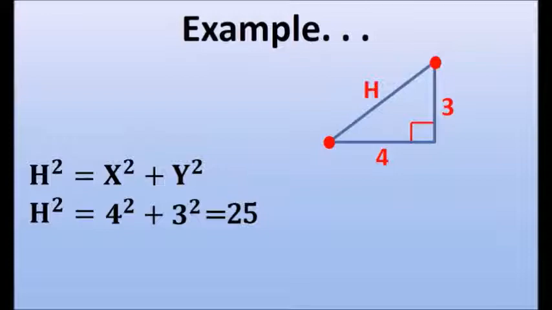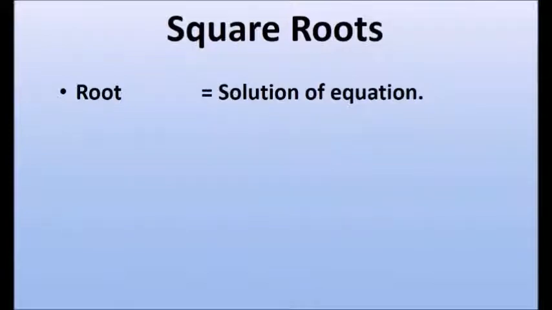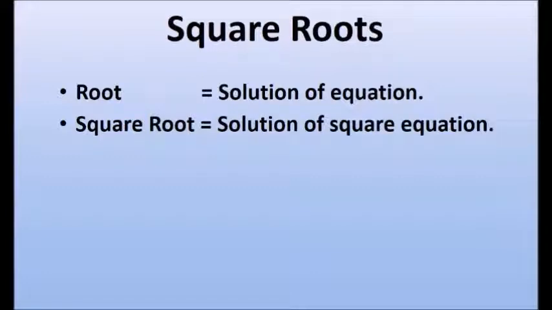First, note that in math, the word root refers to the solution of an equation. Think of it as getting to the root or solution of the problem. So then, the term square root refers to the solution or root of the square equation. In our example, we have the square equation h squared equals 25.